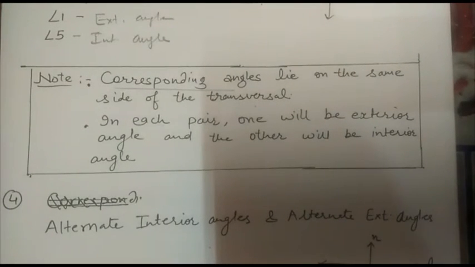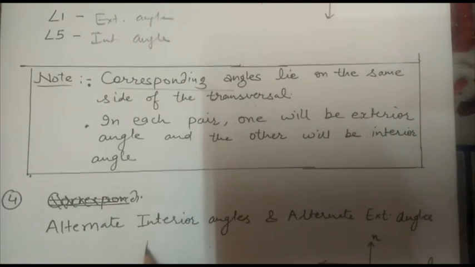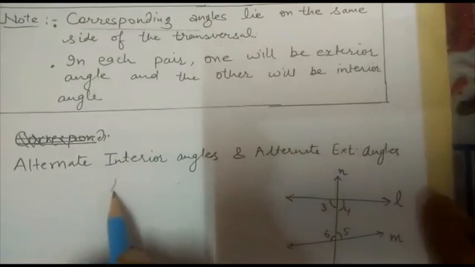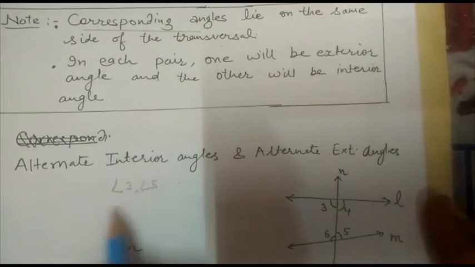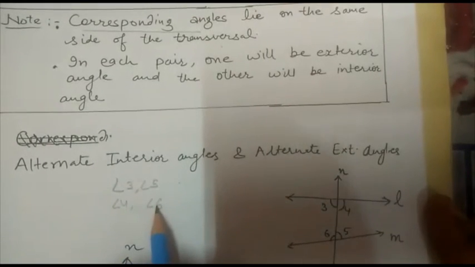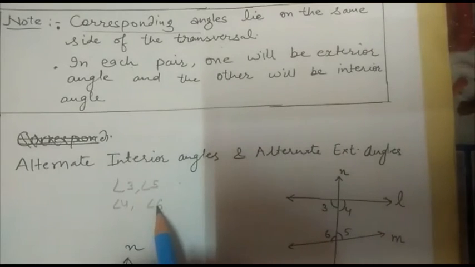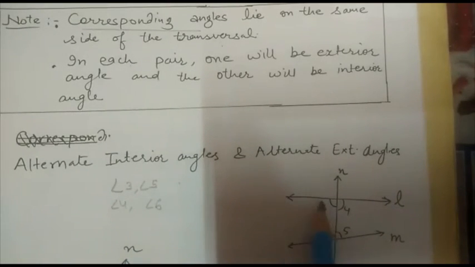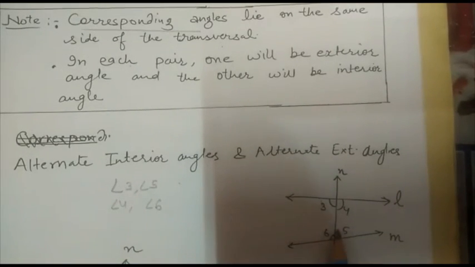Now look at these angles. All these are interior angles. Now observe angle 3 and angle 5, angle 4 and angle 6. These angles lie on the opposite side of the transversal. Same here, 4 and 6 also lie on the opposite side of the transversal.